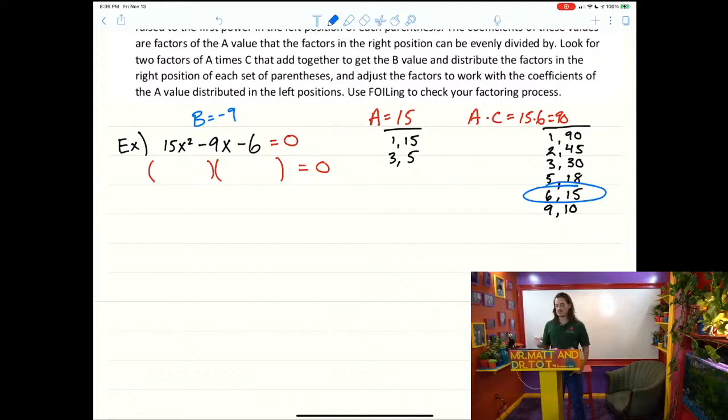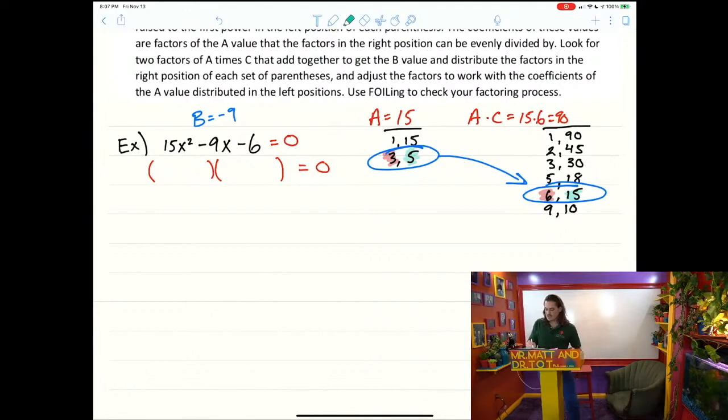But I need to make sure that I pick A values that work with the A times C values. So notice that 3 and 5 work well with 6 and 15 because 6 is divisible by 3 and 15 is divisible by 5. So I'm going to be able to adjust them very easily because they're directly divisible by each other. They go into each other a whole number of times.